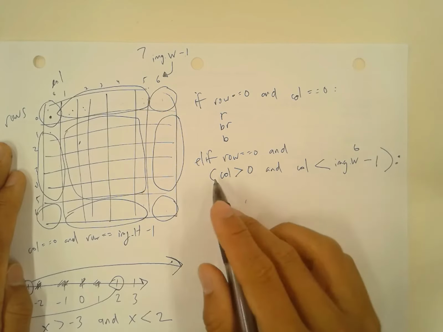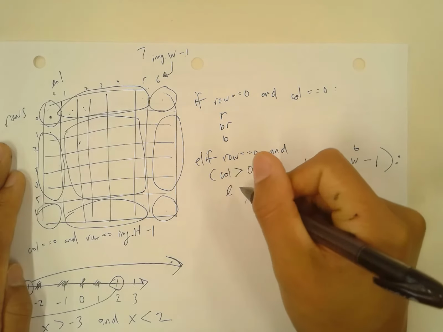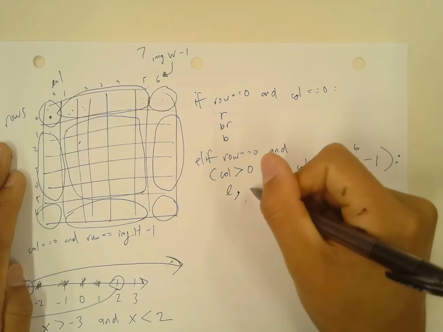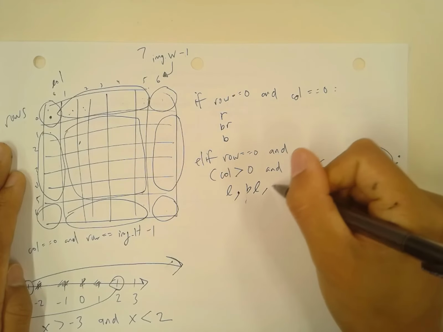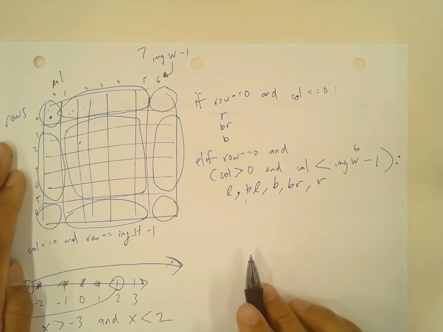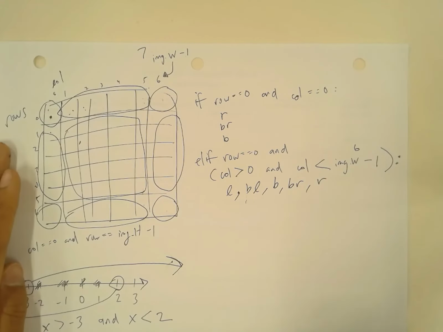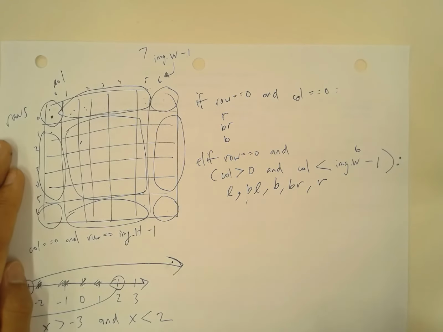Right? And so in this case, what do I want to get? I want to get the left, I want to get the bottom left, I want to get the bottom right, and the right pixel. Right? Then get all of the red, greens, and blues, average them out, so I can have those three values to make my pixel downstairs.